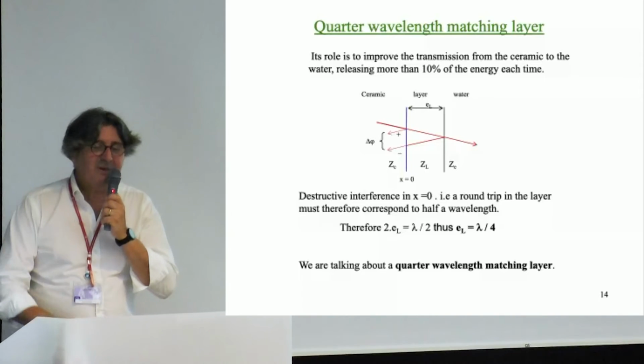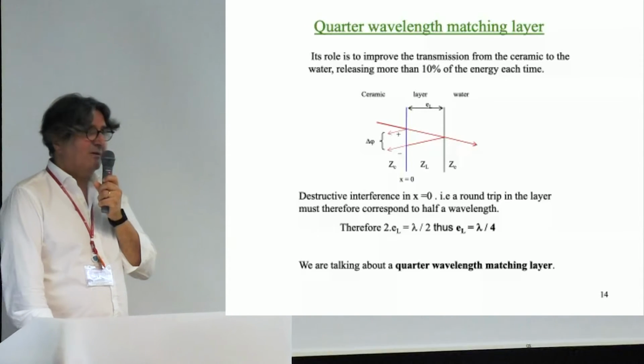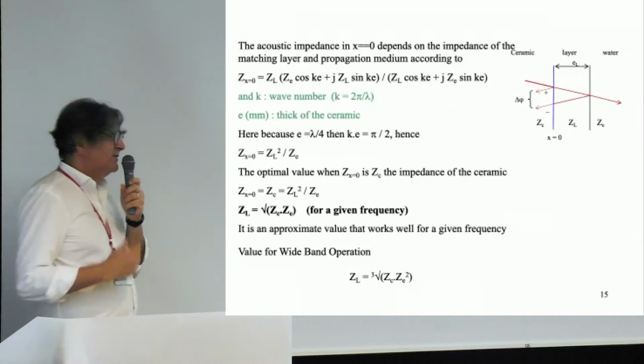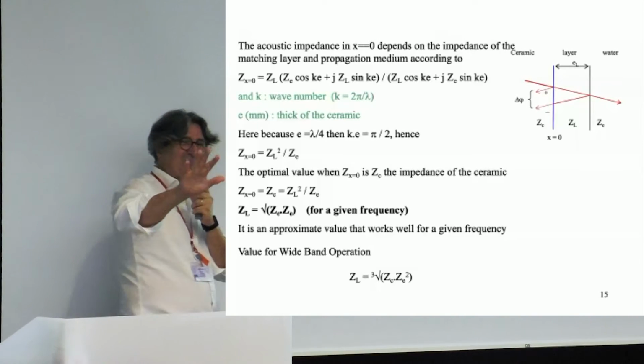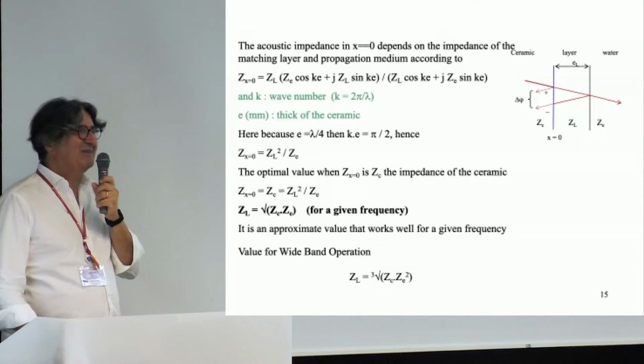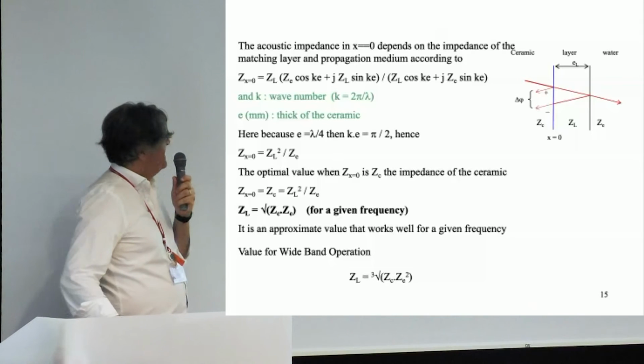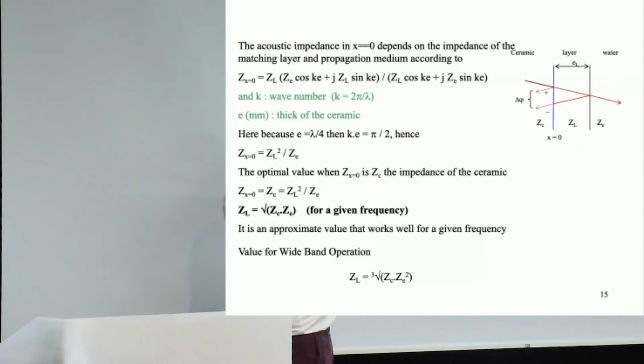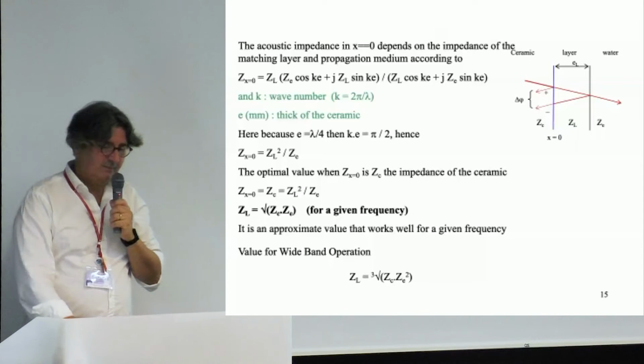It is a little bit more complicated, but maybe you remember, for those who have done some chemistry, some mechanics or some electronics, transmission lines, we can express the impedance seen at x equal to 0 through this layer. And the impedance is given by this expression.